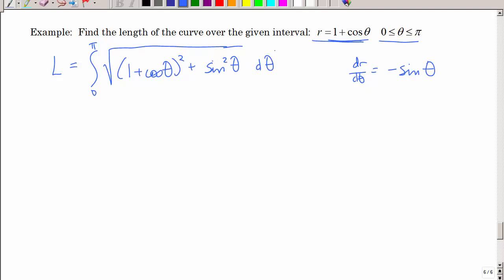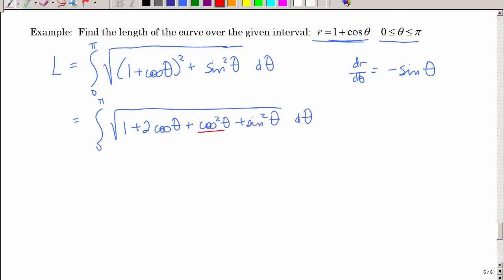And I have to evaluate that integral. Well, let's see where that leads. So we have the square root of, I need to square this out. And once again, that is equal to 1. So I have that 1 plus that 1 is 2. So I have 0 to pi, the square root of 2 plus 2 cosine theta d theta.